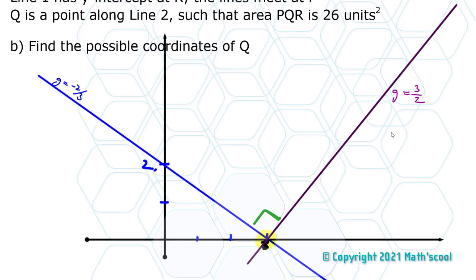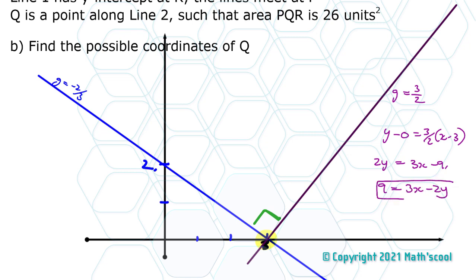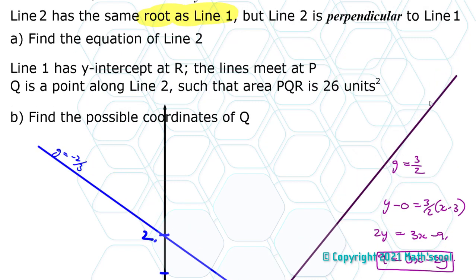And so I could easily find this equation out. y minus y1 equals 3 over 2 times x minus x1. And so it gives me 2y equals 3x minus 9, and 9 equals 3x minus 2y. So that's this equation here.